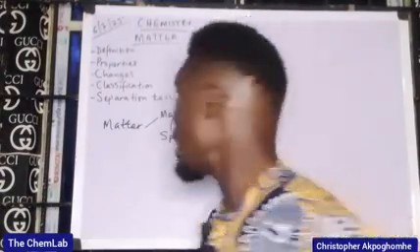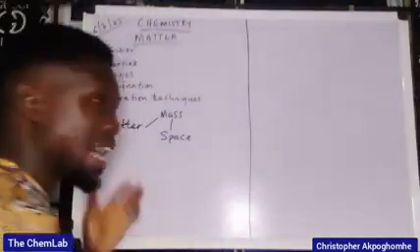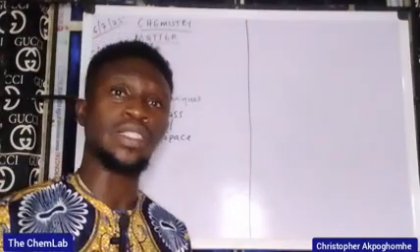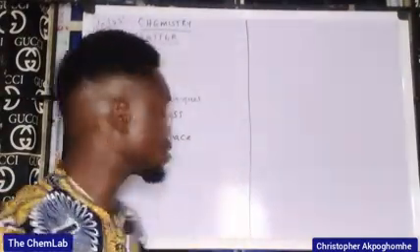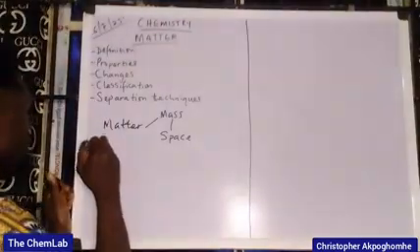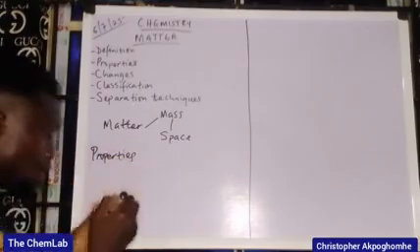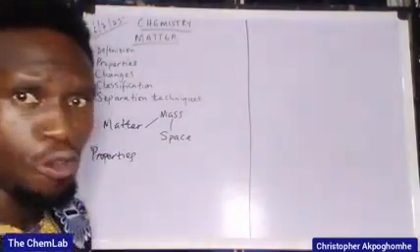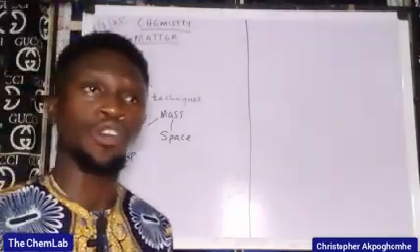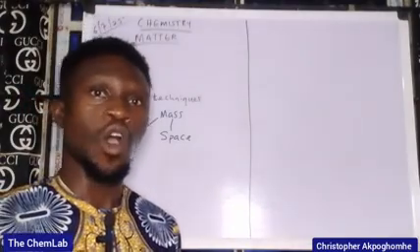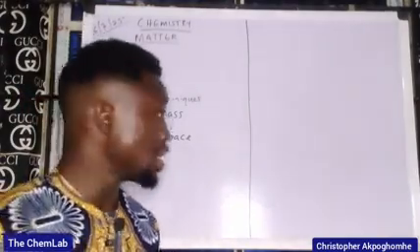Now, having said that, matter has different properties, and these properties can be grouped into two categories. When we talk about properties of matter, we are simply talking about the behavior of matter under different circumstances, under different conditions.